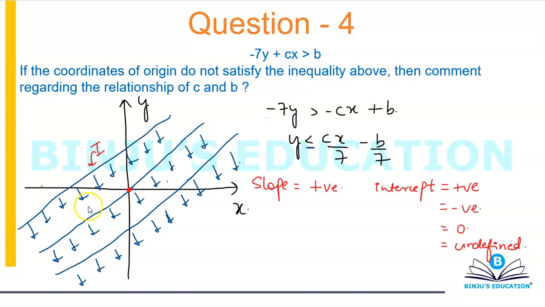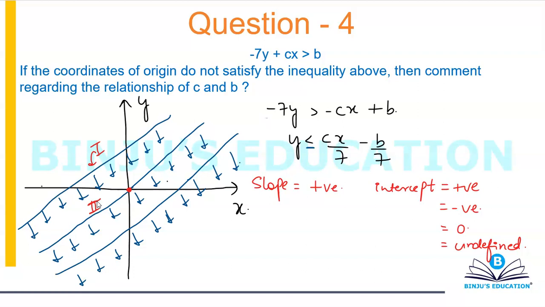Let's move on to line number 2. Now for line number 2, we have to take the region that lies below the line. In this case, the origin lies on the line. Hence it's not satisfying.